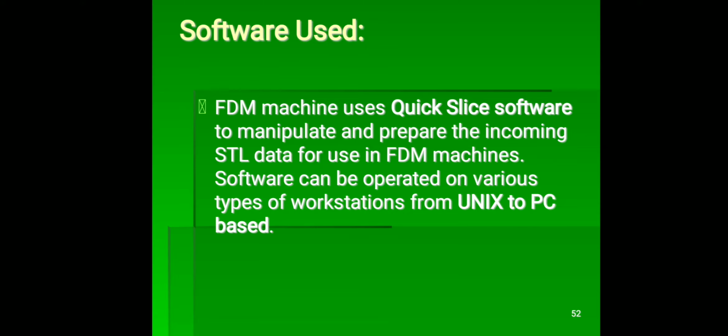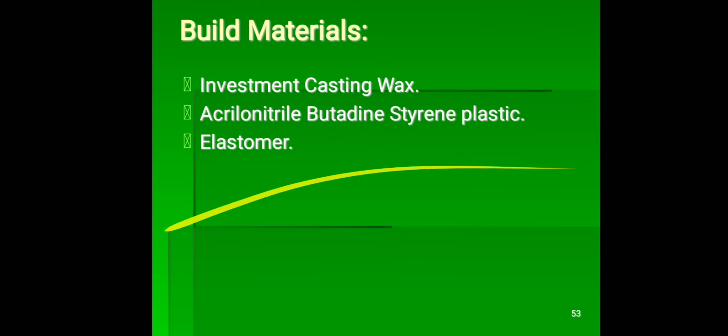The FDM machine uses QuickSlice software to manipulate and prepare the incoming STL data for use in the FDM machine. The software can be operated on various types of workstations from Unix to PC. Build materials include investment casting wax, sterile plastic and elastomer.